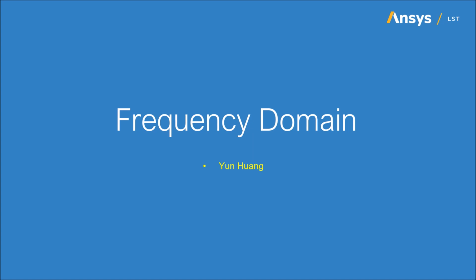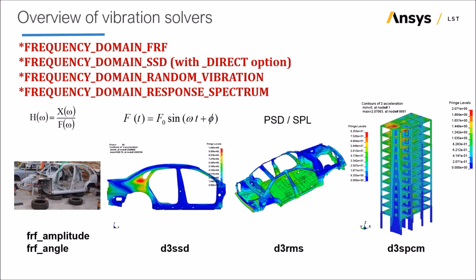I'm going to summarize the frequency domain capabilities very briefly and show a couple of examples. The basic modal analysis can be used to feed a number of solution types that work by modal superposition, including frequency response function and steady-state dynamics.